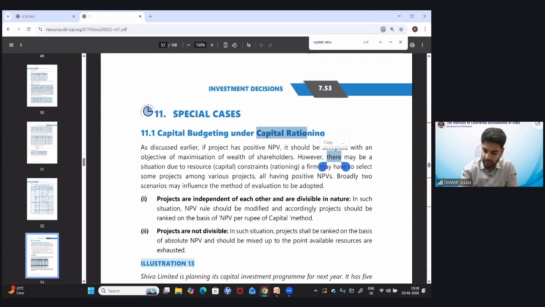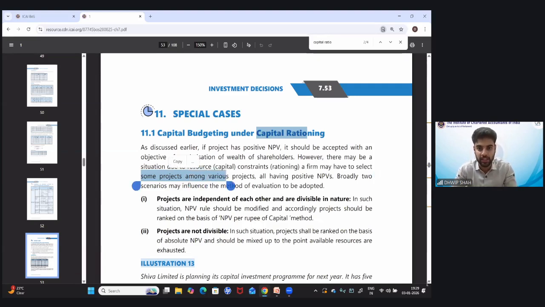However, there may be a situation of fund constraints, resource constraints. A firm may have to select some projects among the various, all having positive NPVs. Means all projects have positive NPV, but due to lack of funds, we have to select some among various.